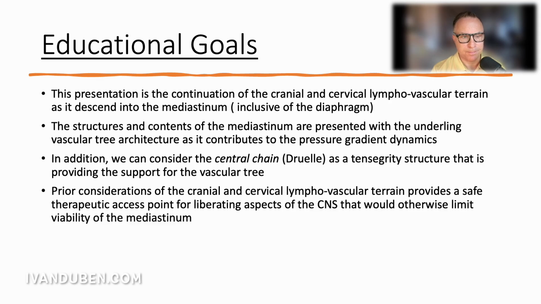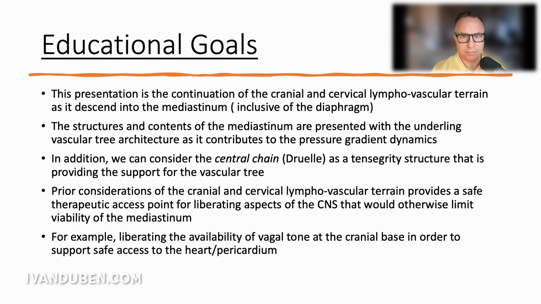What this means is treating the cranial base will allow for liberation of a vagal nerve response, bringing balance between the parasympathetic and sympathetic, also opening up the circulation into the cranial base, ensuring that the fascial sheaths around the carotid arteries are also free. This will make it easier to assess the mediastinum, such as through inhibition, looking at the pericardium and heart.